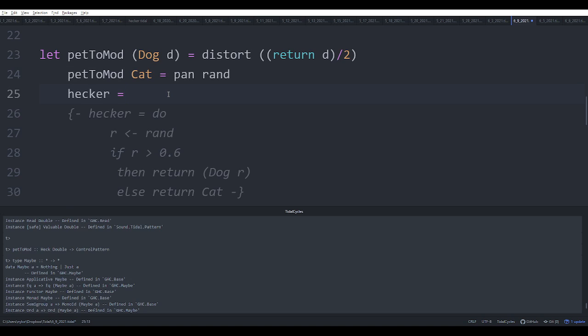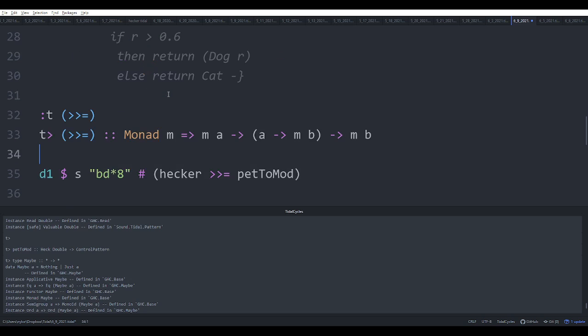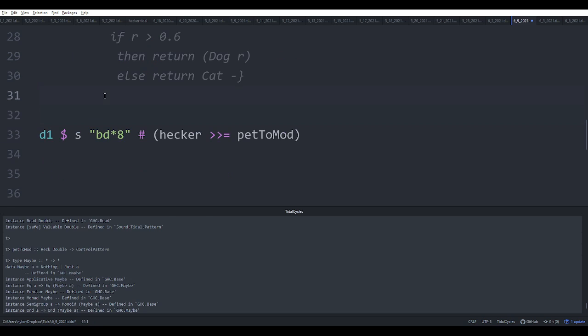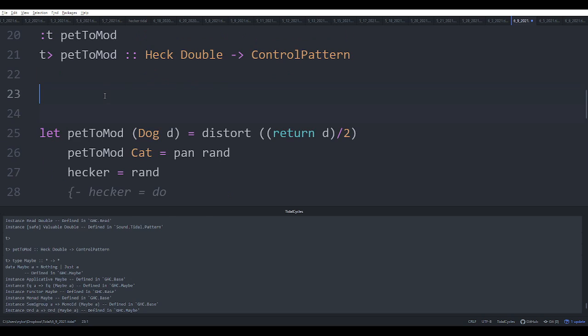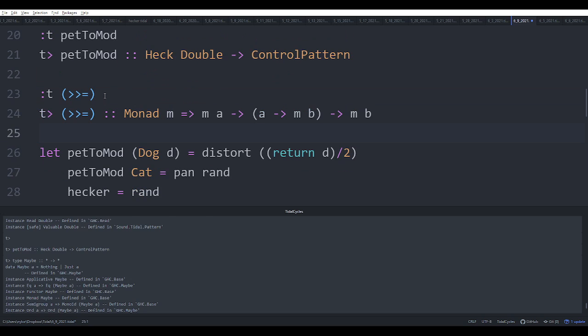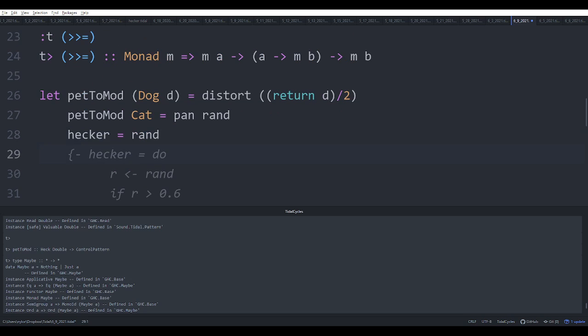So what we want to do is say, the alternative definition of Hecker is, let's look at this for a second. Let's put it up here. If we want to do this bind here, rand is going to be the MA.